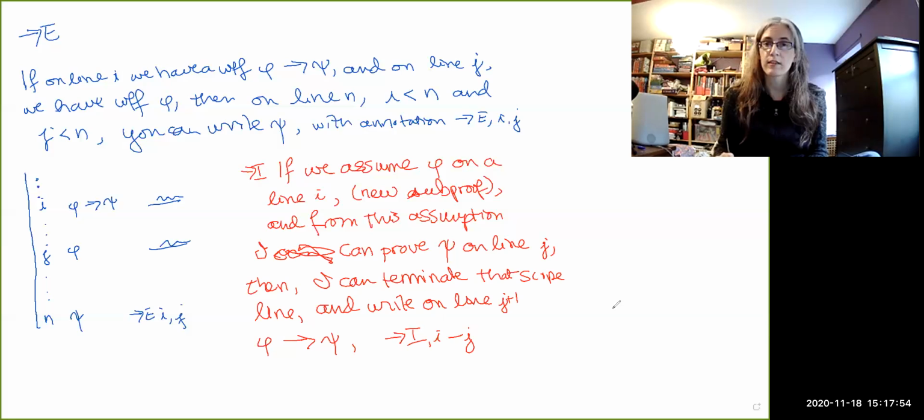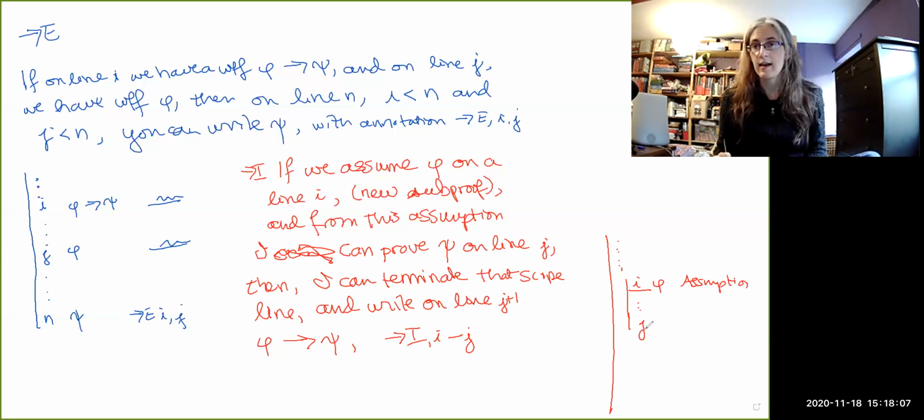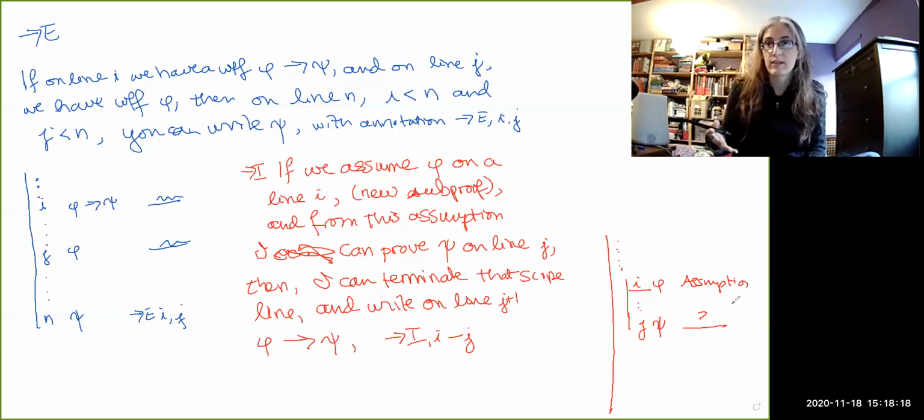Schematically, we've got our proof going on, and then at line I I make a new assumption. I do all sorts of interesting and fun things. And then at line J, I get this formula psi. I don't know what psi is, or what my justification for it is going to be, but it's whatever I am able to derive from the assumption of phi at line I. Then I can close off this subproof.